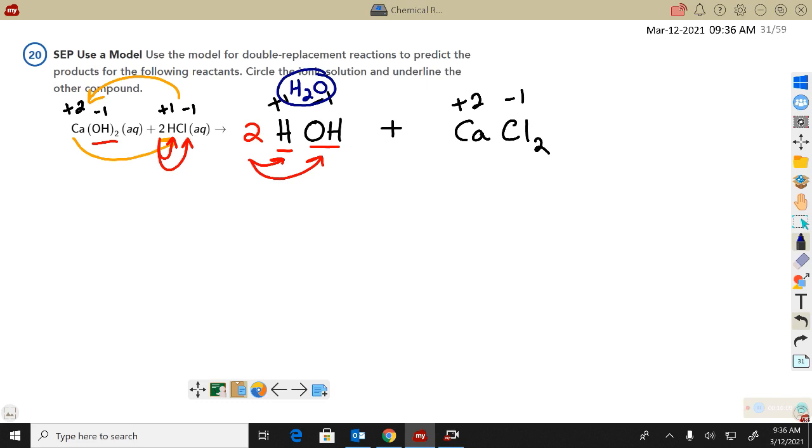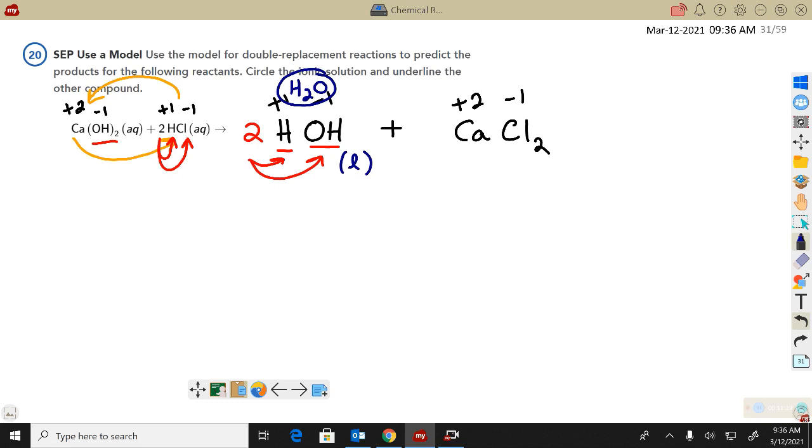Hydrogen has bonded with a hydroxide. But HOH, hydrogen hydroxide, is commonly known as water. So water is a liquid unless I'm told otherwise. And now they're telling me that there is an ionic solution. Circle the ionic solution and underline the other compound.